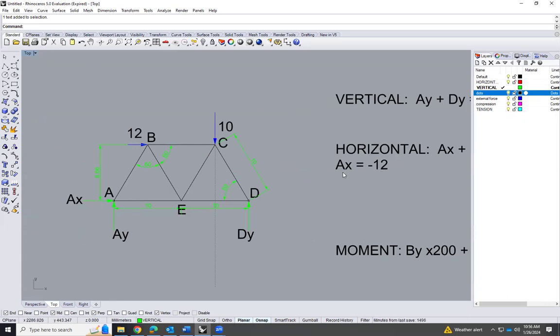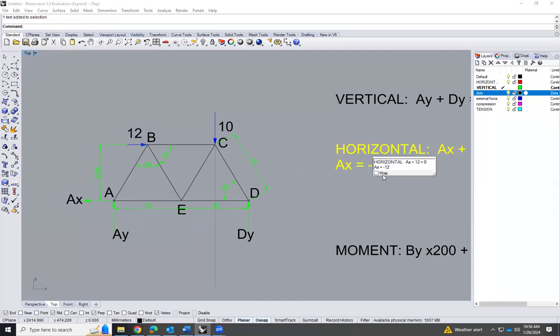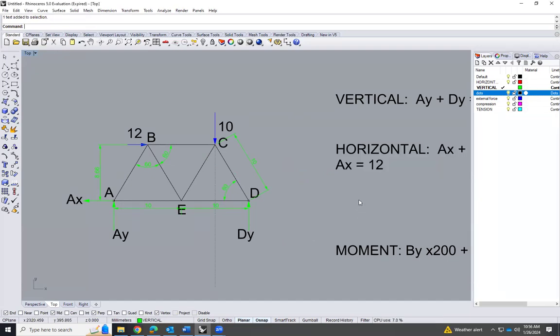It's because we have a negative value. So that means that we have to change the direction of this force. Okay, doesn't matter. We change the direction, and now that we have the right direction, AX equals 12. It's not negative anymore.